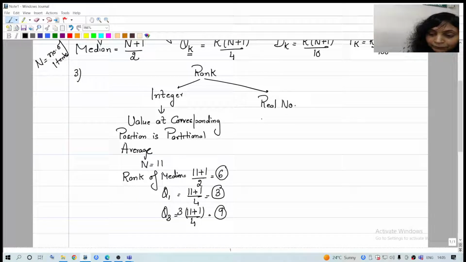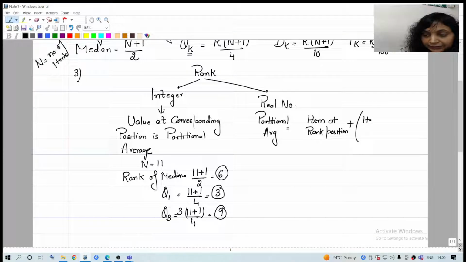The partitional average is the item at rank position plus (item at next position minus item at rank position) multiplied by the decimal portion. Now what it means, suppose n is equal to 12.